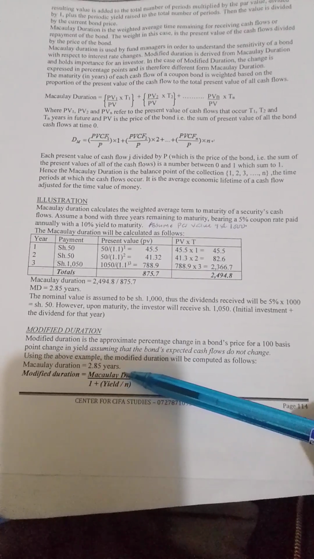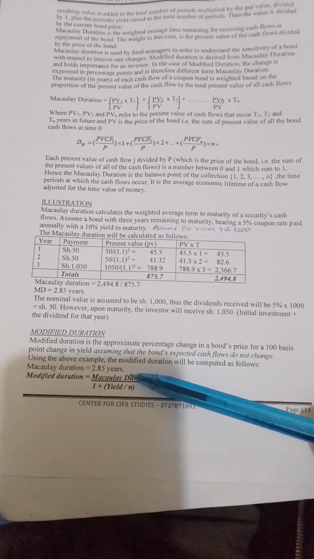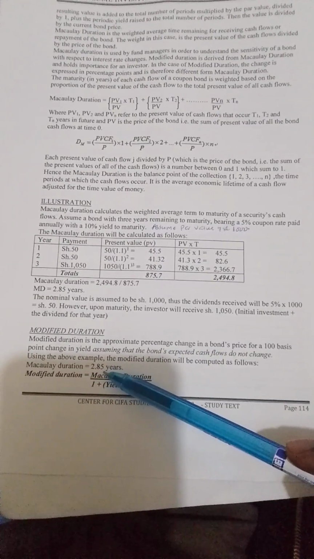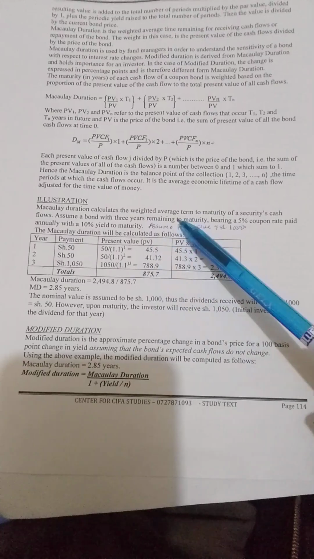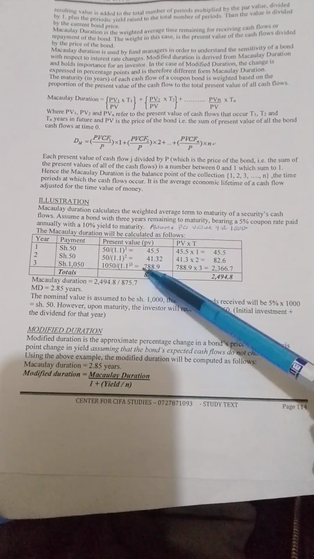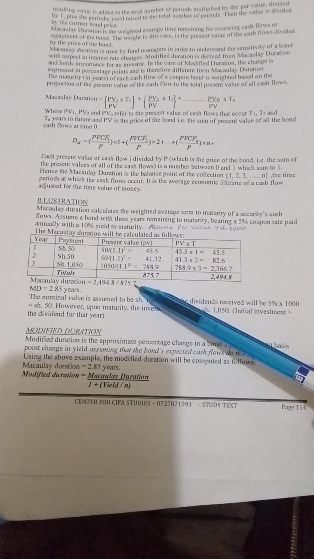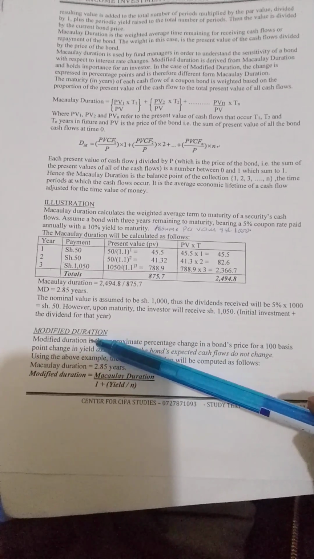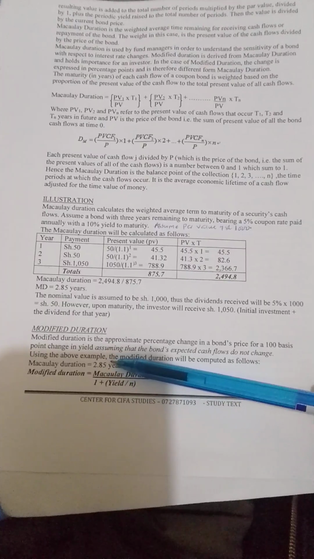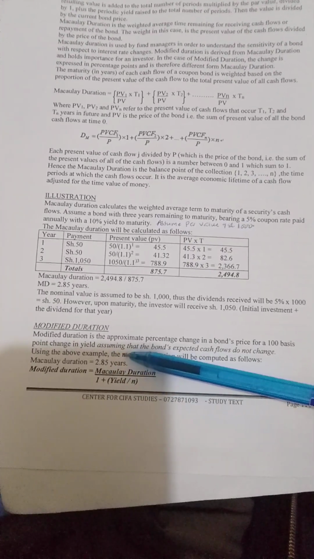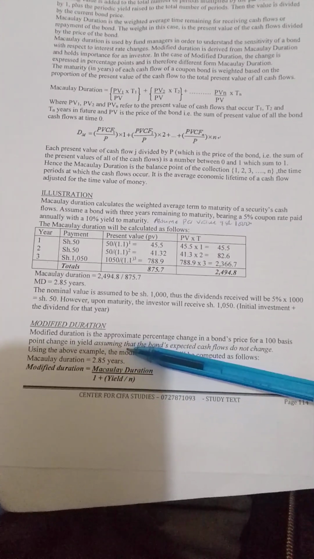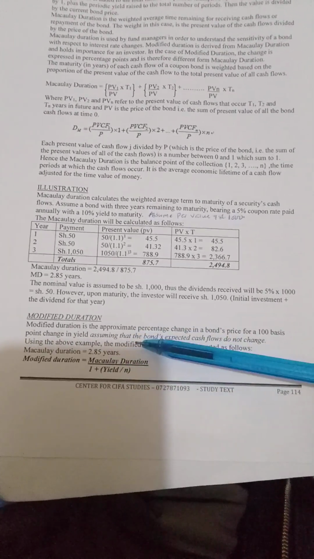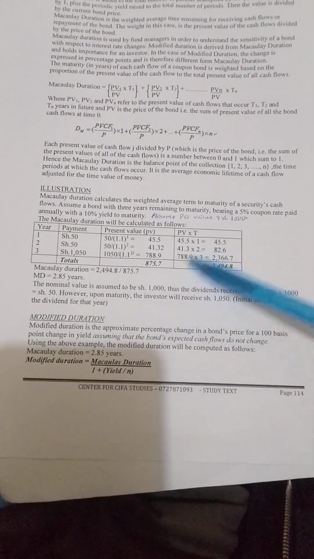Using the above example, the modified duration will be computed as follows. Note our Macaulay duration is 8.85 as calculated above. I think the calculation of Macaulay duration is very clear. But here we are saying modified duration. It tells us, if the price of a bond changes, what is the relationship between the change in the interest rate and the price of the bond.